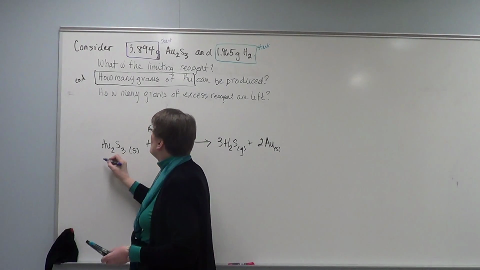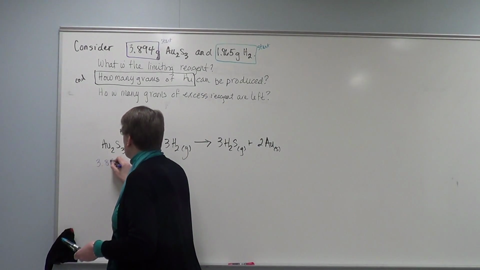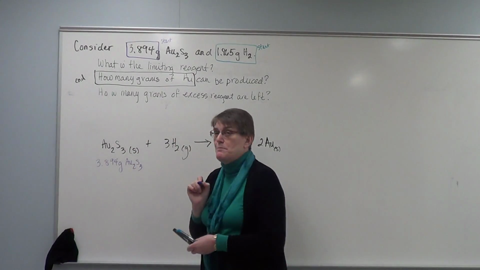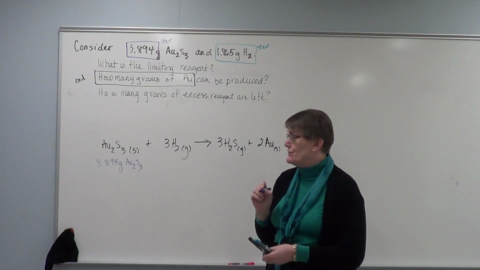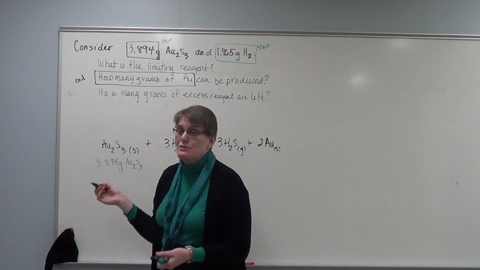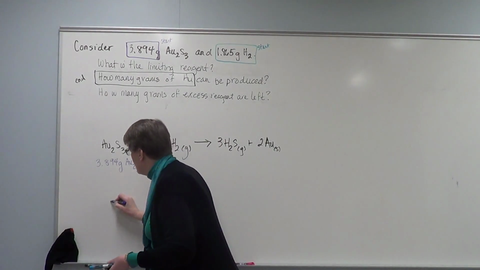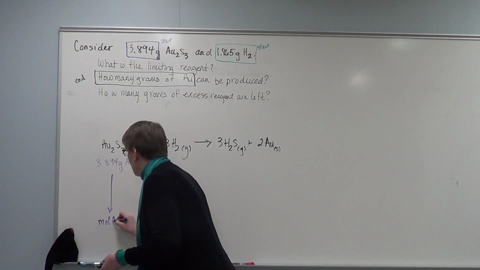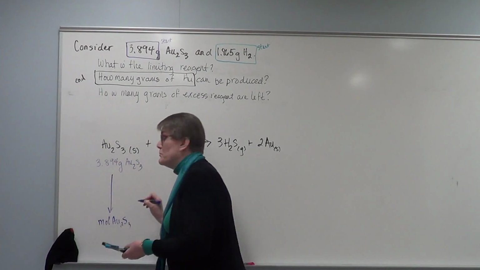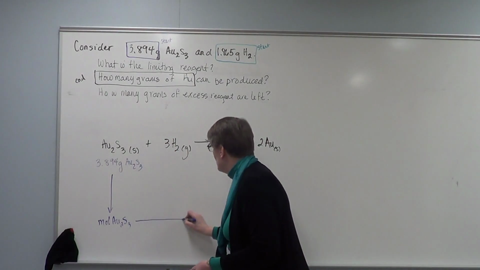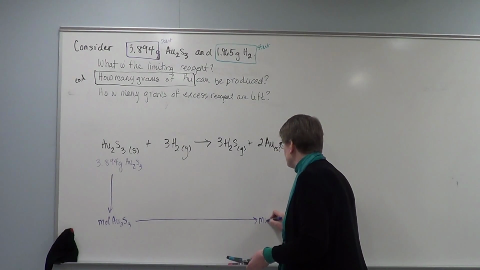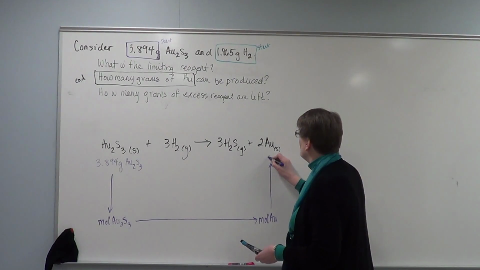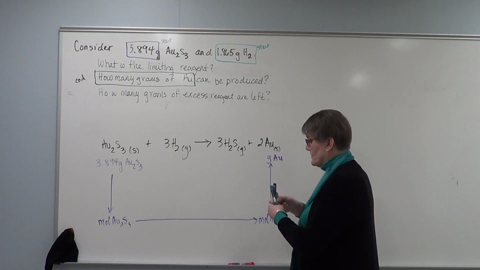So I'm going to start with the gold sulfide. I have 3.894 grams of gold sulfide, which I do my grams to moles to moles to grams roadmap. So grams of gold sulfide to moles of gold sulfide, moles of gold sulfide to moles of gold, to grams of gold.